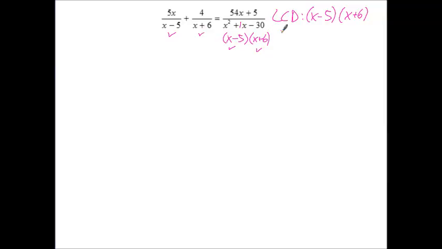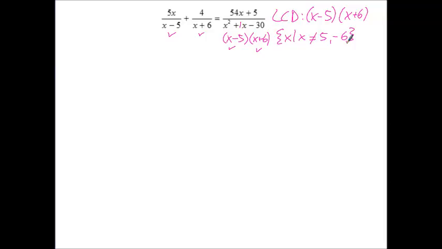So what are our domain restrictions? x cannot be equal to positive 5 from this one, negative 6 from this denominator, and again positive 5 and negative 6, which we already have. So that's all there is. Those are the main restrictions.